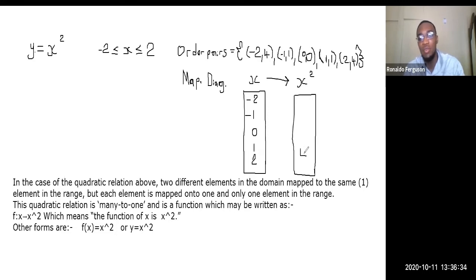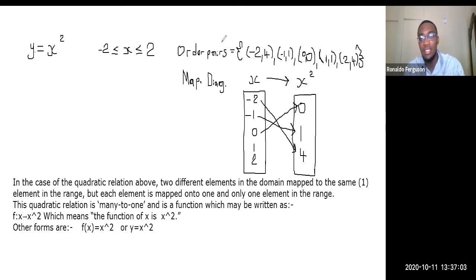You're going to see why I put 4 down here. -1 is being mapped to 1, so I'm going to put 1 right here, and 0 is mapped to 0. So -2 is mapped to 4 right here. If I put my arrow right there, negative 1 is mapped to 1. 0 is mapped to 0.